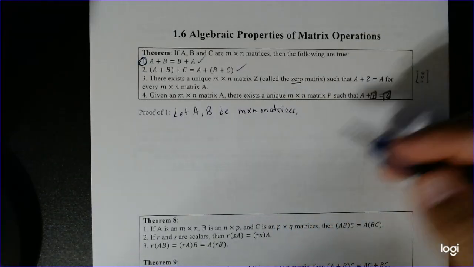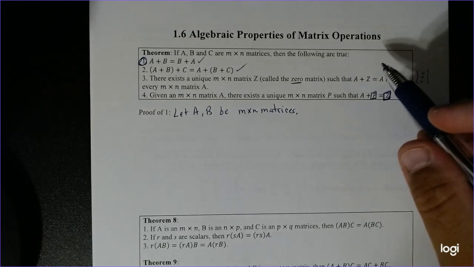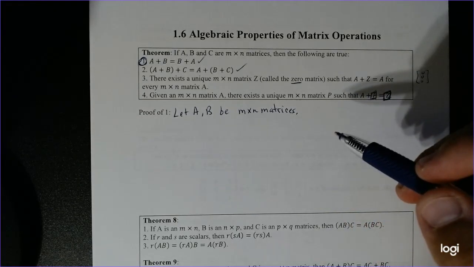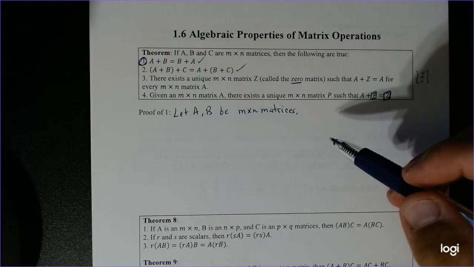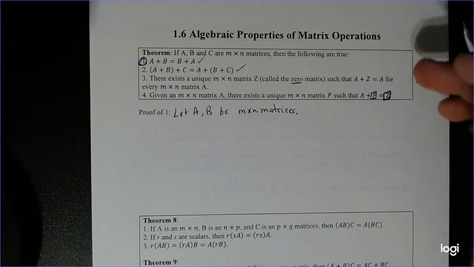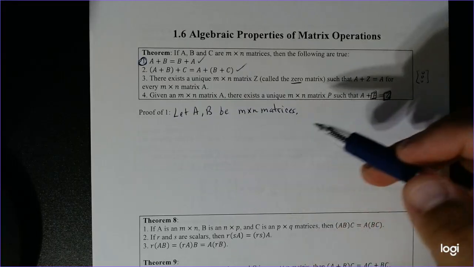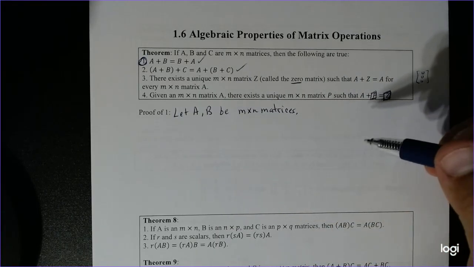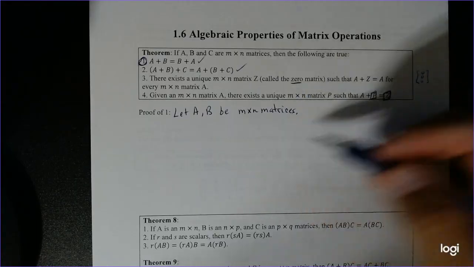Now there's two different ways to do this proof. You could do it the old-fashioned way, or the proper, higher-level way. Since we're learning this stuff, I'll show you the long way, which is going to give you the correct answer, and then I'll show you a little shortcut if you understand the properties of a matrix.